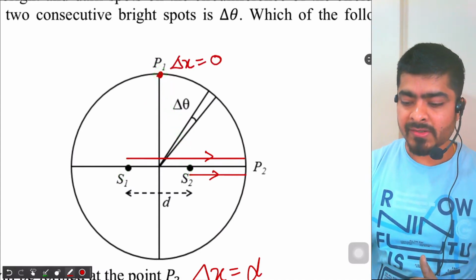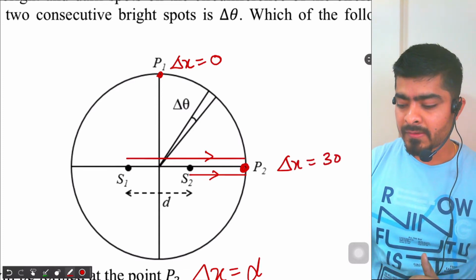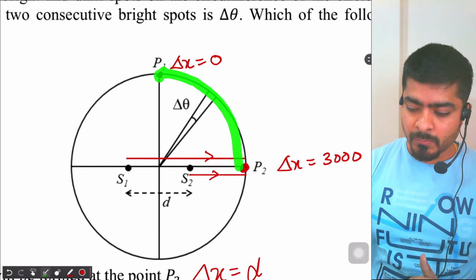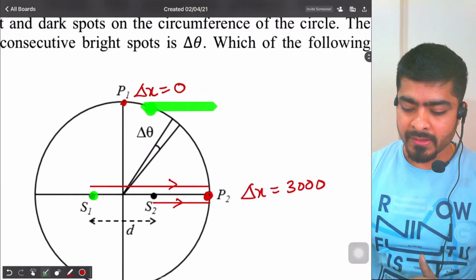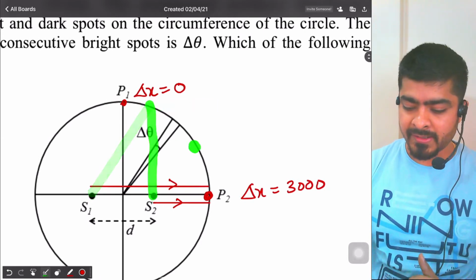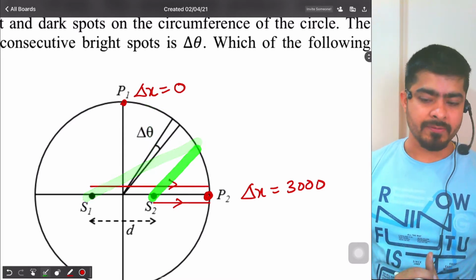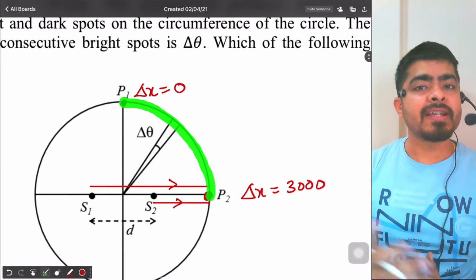Delta x over here is 0, and delta x over here is 3000. If I take this point, the distance from S1 is longer than the distance from S2. If I take this point, the distance from S1 is even longer than the distance from S2. So as you go from P1 to P2, the path difference is increasing.